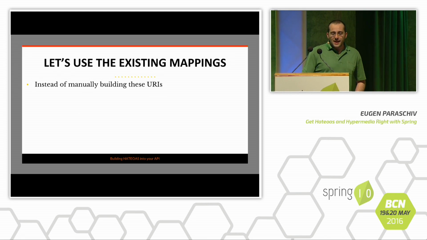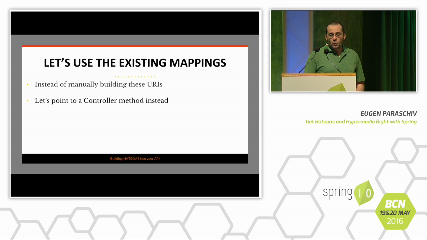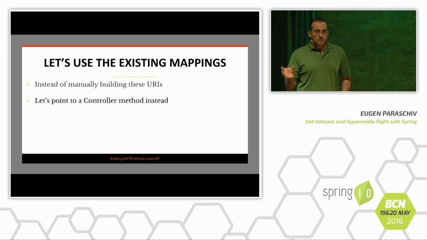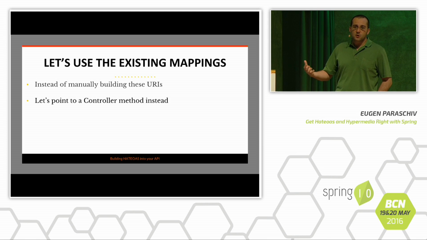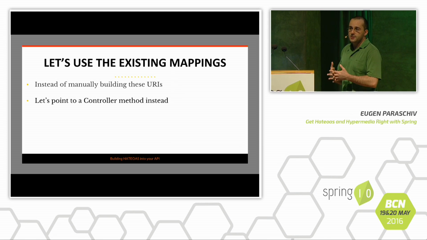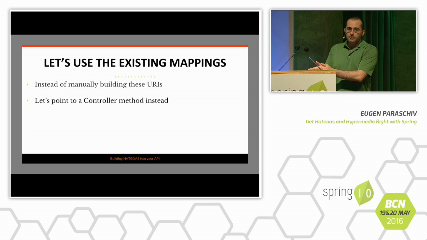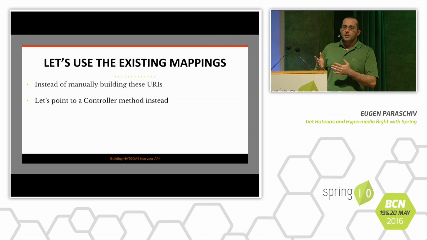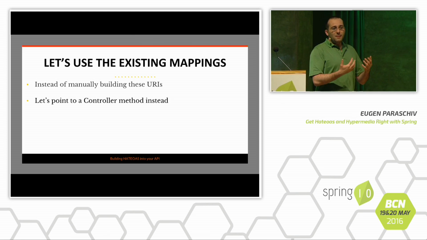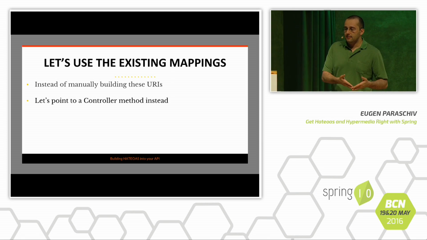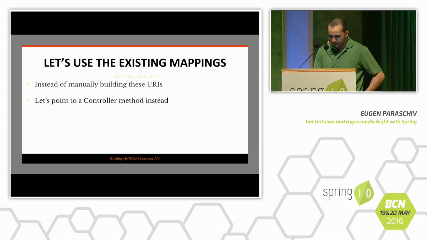So instead of manually building these URIs, we're going to point to a controller method instead. That's the cool thing about this being an actual Spring project and having this deep integration with Spring MVC: it allows you to point to a controller, and when you're doing that, you're benefiting from all of the mapping information that's already in your system. You're not redefining that. So let's see how that looks.